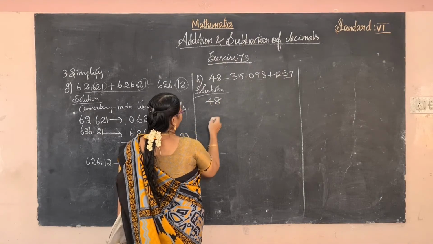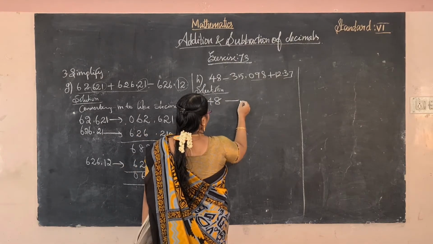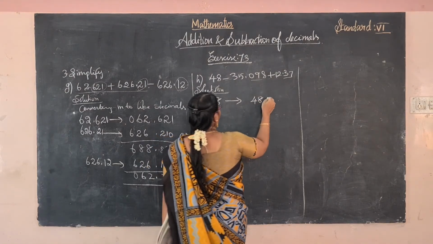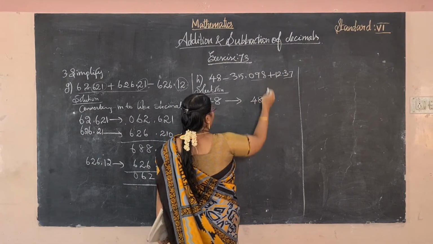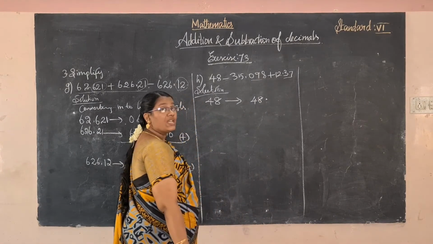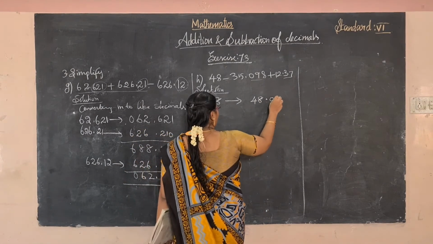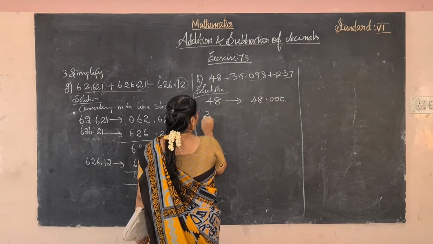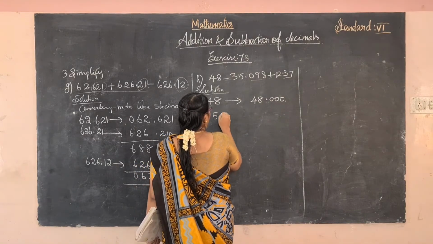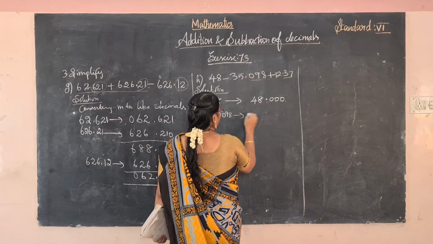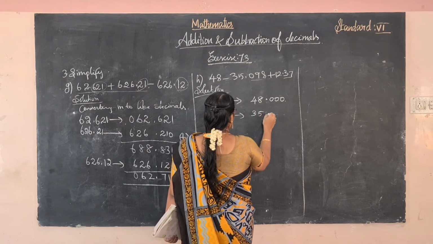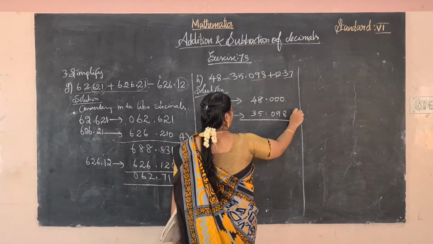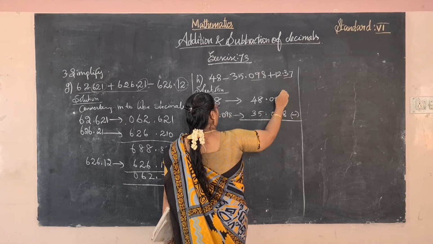48 can be written as 48 point, how many decimal places are there? The 1000th place. So how many zeros are added on the right side? 3 zeros. Okay, and the next one, 35.098. Which operation is given? Subtract. Borrow from here.